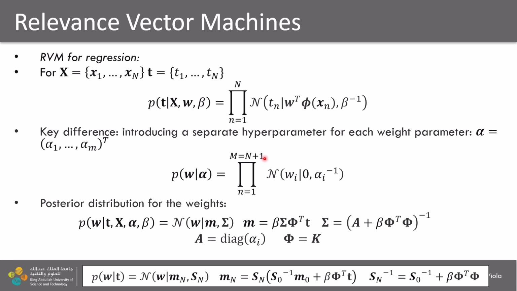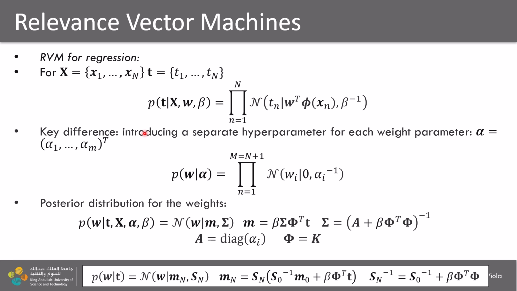For each component of the weight, we have a zero mean, and our variance is the alpha_i inverse. And this prior, when multiplied with the likelihood, will be proportional to the posterior.